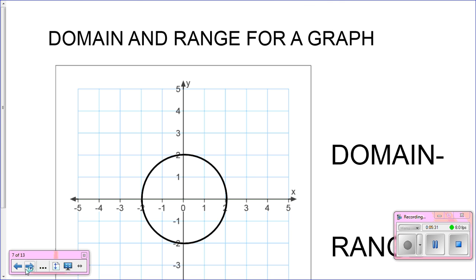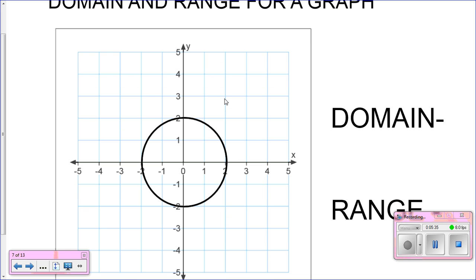Alright, these next two are going to be a little bit different for you. Domain and range for a graph. Now when we have a graph, this is where it's new. We don't just have a bunch of points that we can write out as ordered pairs. Here we have continuous lines. So everything this line is touching is a point. Okay?